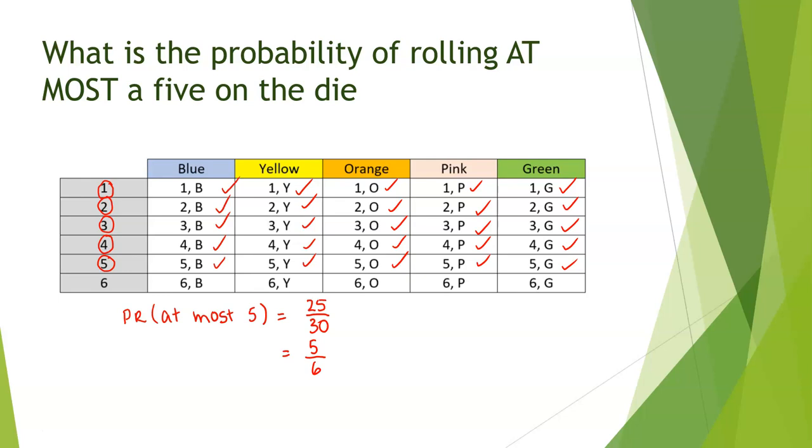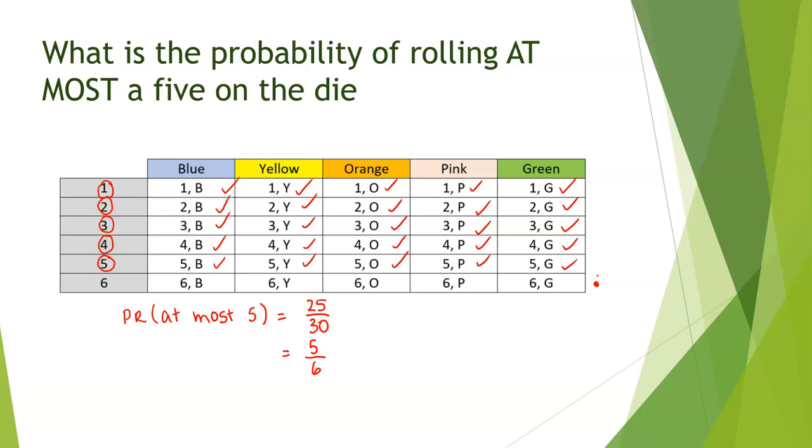Now there is an easier and quicker way to do this. If we look at this problem again, we can see that the outcomes that I haven't highlighted here are the 5 outcomes at the bottom where we got a 6 on the die. Now remember, all of our probabilities should add to 1.